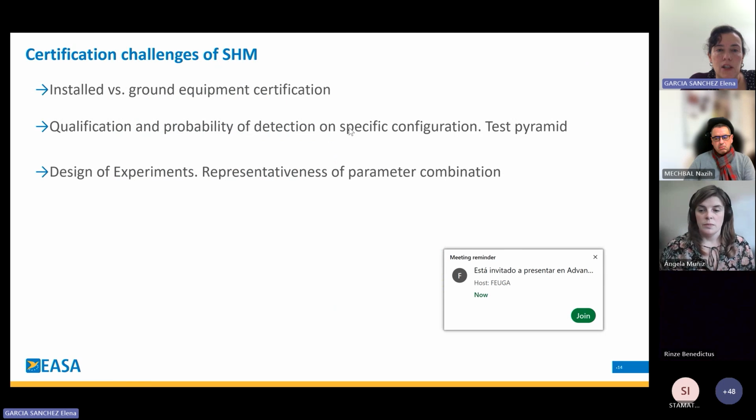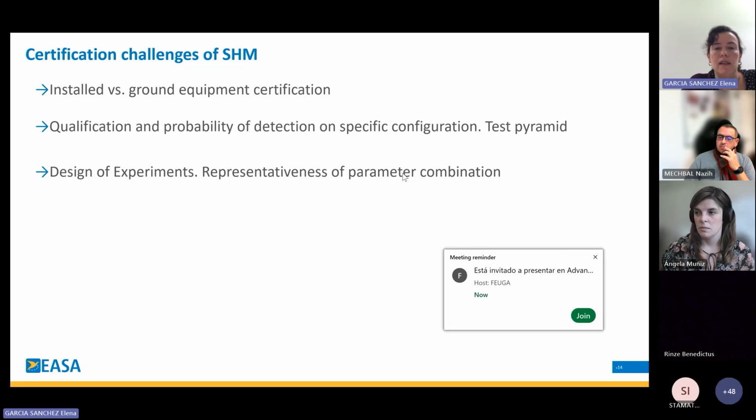Some certification challenges are to distinguish between installed versus ground equipment. So we normally certify installed equipment, but here if you are depending on ground equipment, we think it should be reliable and qualified as well.